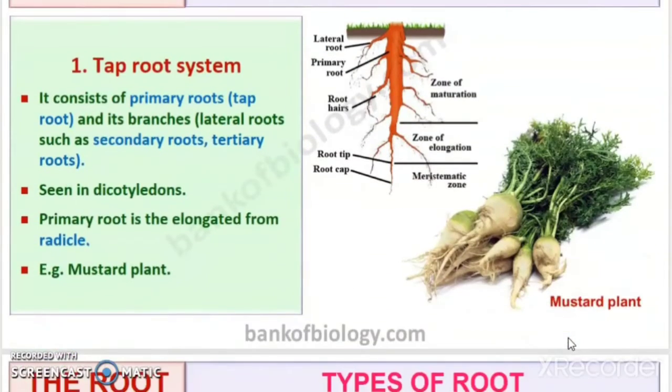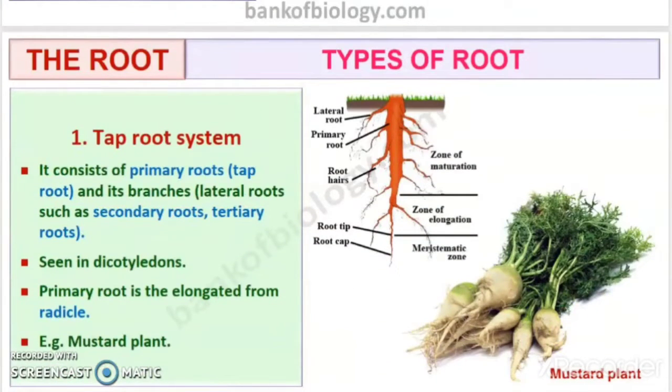We saw the three different types of root system in detail, right? The taproot system consists of the primary root, which is called the taproot, and its branches, which are the lateral roots, named as secondary roots and tertiary roots.